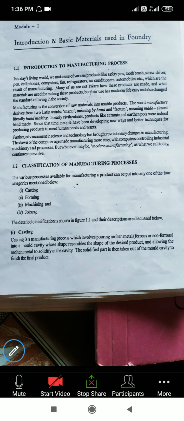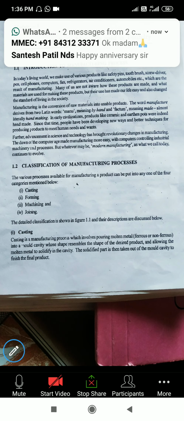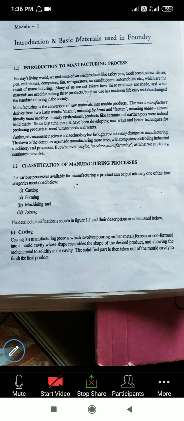Casting is a manufacturing process which involves pouring molten metal, ferrous or non-ferrous, into a mold cavity to get a product by the casting method. Whatever product you require, that shape pattern is made and pressed into the sand.